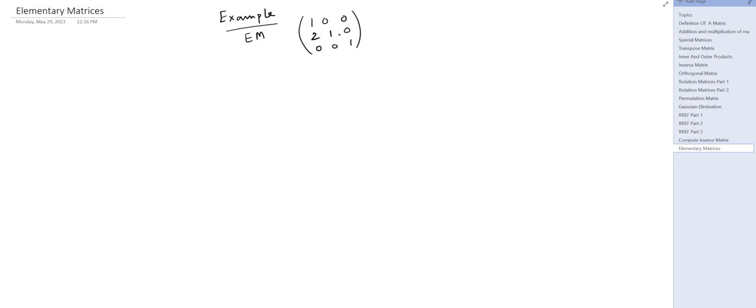So this is actually an identity matrix, but one of the elements of this identity matrix is non-zero. So that's basically the elementary matrix.